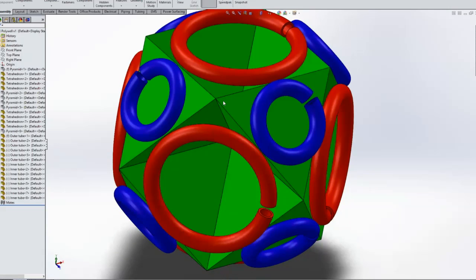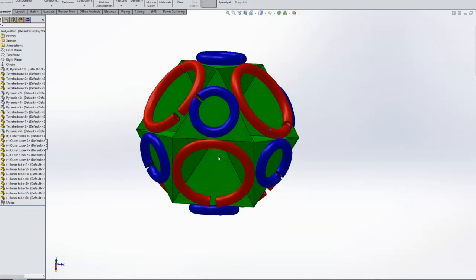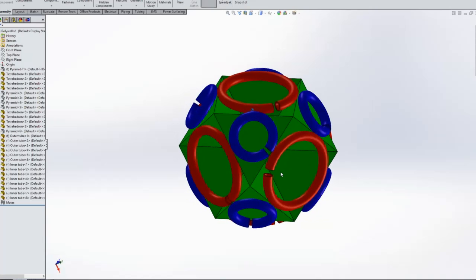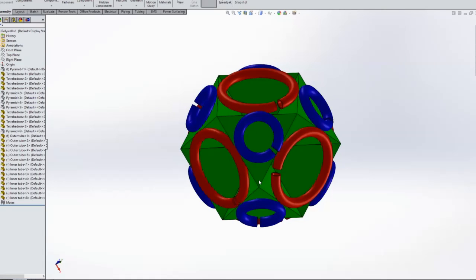Let's say you have a hexagon in the equator here, and then if you follow these triangular edges, this triangle has 3 hexagons going on its edges.